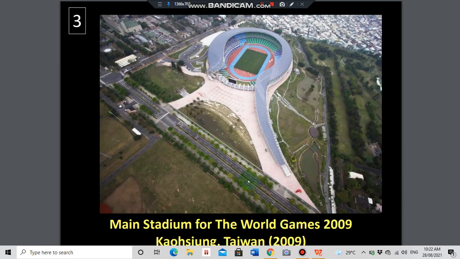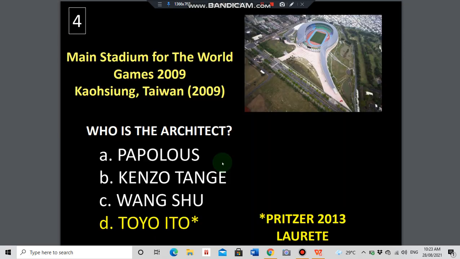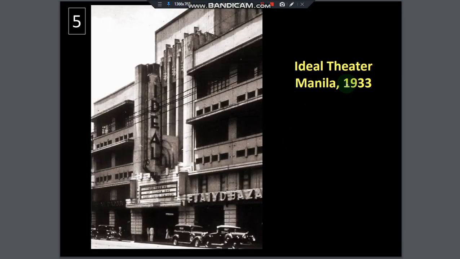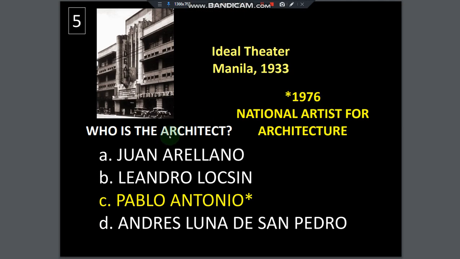The main stadium for the World Games 2009 in Taiwan. So, who is the architect? Letter D. Toyo Ito. Ganda ng pangalan, Toyo Ito. Ito si Toyo Ito. Ideal Theater in Manila. Who is the architect? Pablo Antonio, National Artist for Architecture.